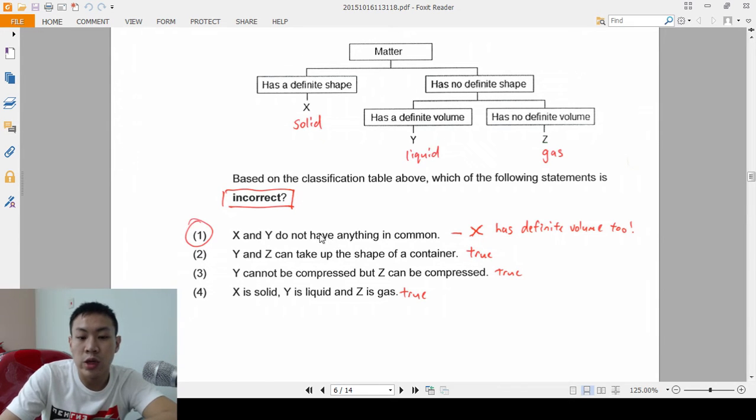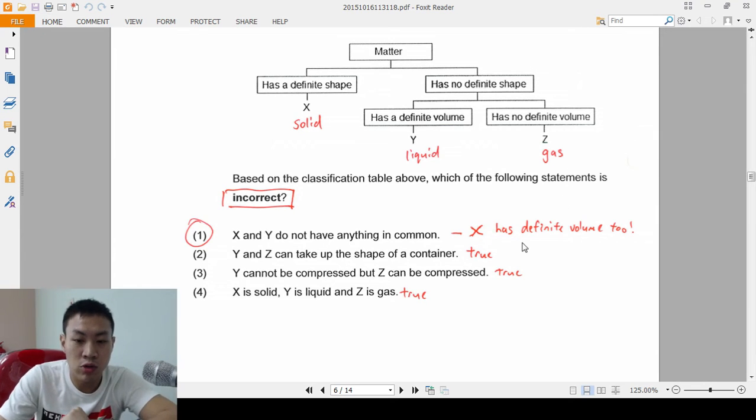So this is definitely incorrect. Option 2, Y and Z can take up the shape of the container. That's true because they have no definite shape. Y cannot be compressed. That's true. Liquids cannot be compressed, while Z, which is a gas, can be compressed. That's true. X is solid, Y is liquid, and Z is gas. Okay? If you have written down the notes like what I did, you'll be able to arrive at the same conclusion. So option 1 is my answer.